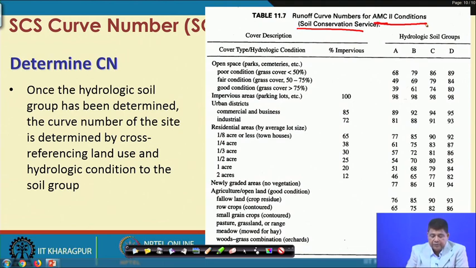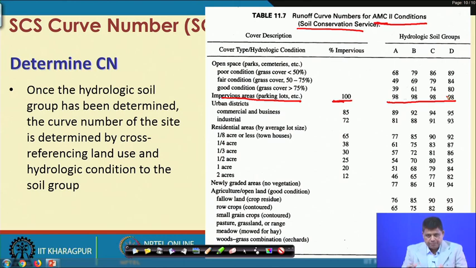From here, as you can see, if we take an impervious area, which is a parking lot that is 100% impervious, then irrespective of soil groups, in fact, the value is 98, which simply means that whatever rainfall occurs almost gets translated into runoff.